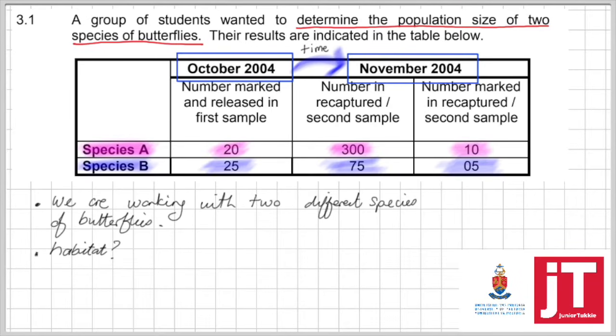We know that they share the same habitat, but do they depend on the same resources? And is this an open system or a closed system? In other words, is there emigration or immigration taking place for each of these species? These are good questions to guide us in understanding how these numbers were affected by the potential impacts of things like emigration and immigration.